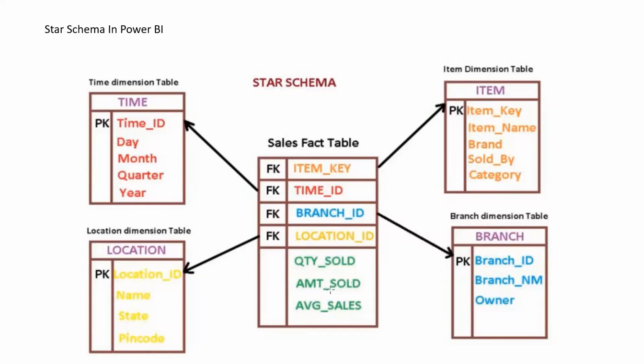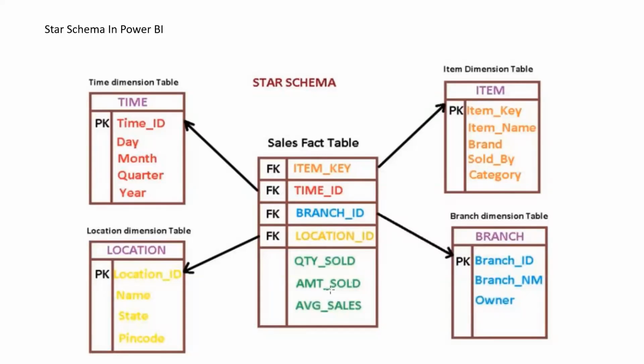That schema design, we are going to call it a star schema. Centrally located with one fact table, surrounded by multiple dimensions and connected in the form of one side to many. Okay, one side means primary key, foreign key. Many side is foreign key. That schema design, we are going to call it a star schema.